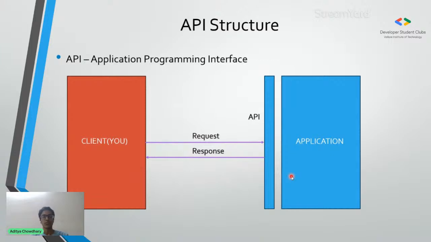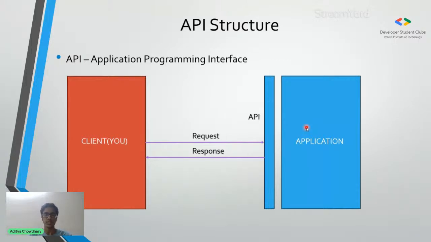So we now come to what is an API. An API, the full form is an application programming interface. And you as the client, when you request information from an application, you're not going to be talking to the internals of the application. So that's what the API is for. It's a thin layer over the application where the client can talk to the application, where it can send its requests and receive responses.